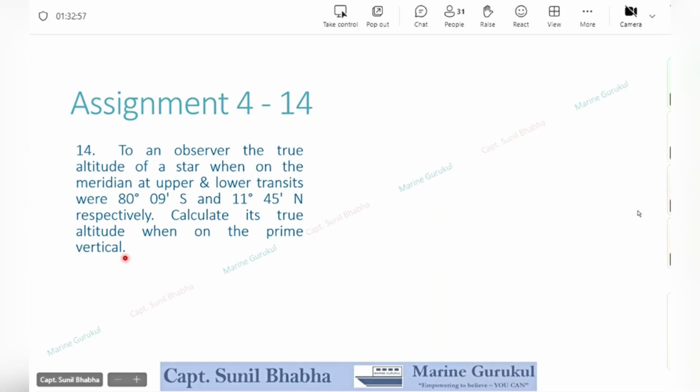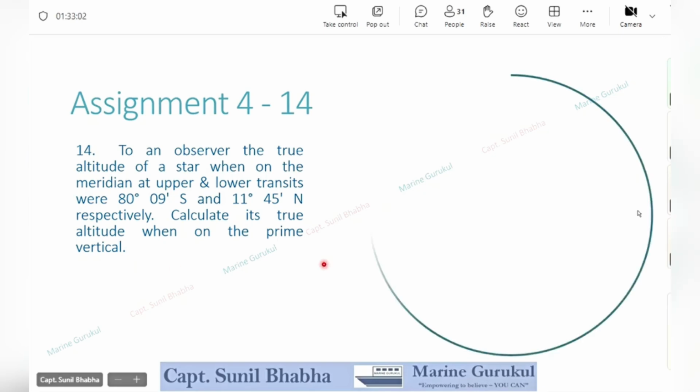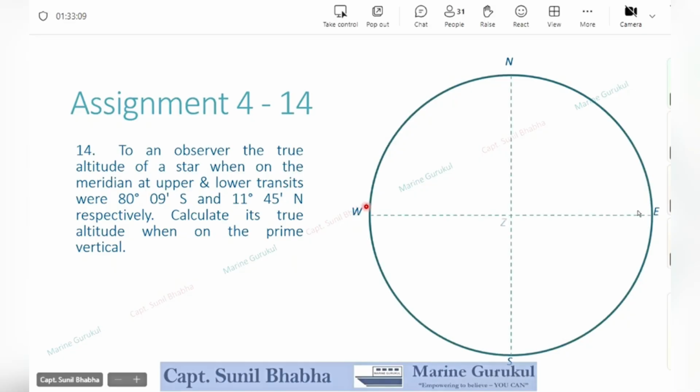So let's try to put all the required information in the diagram. We have the rational horizon. We mark the NESW points. We mark the center of the diagram as the zenith of the observer. Let's now put all the information given to us. Now you see the upper transit of the star was 80 degrees 9 minutes south. Southerly bearing is represented by line ZS, and S point is on the horizon.